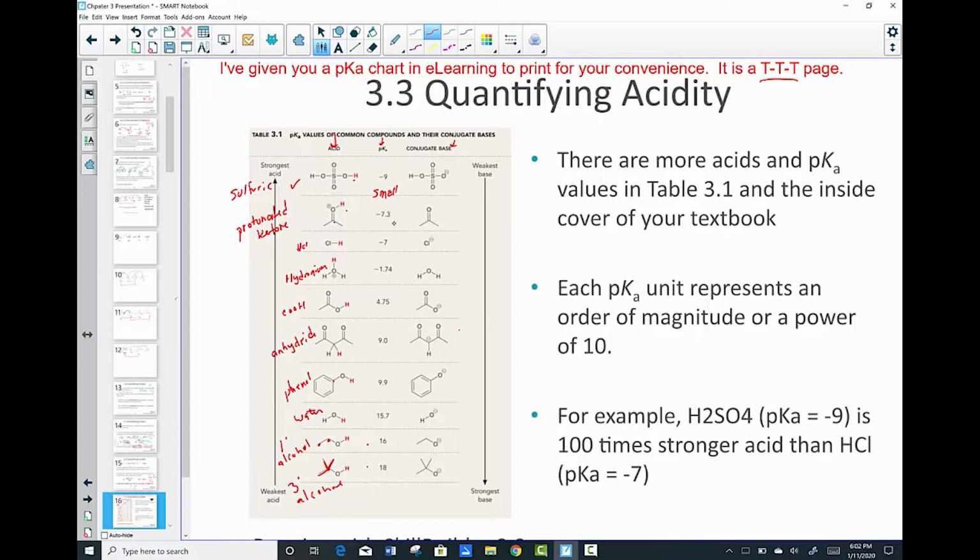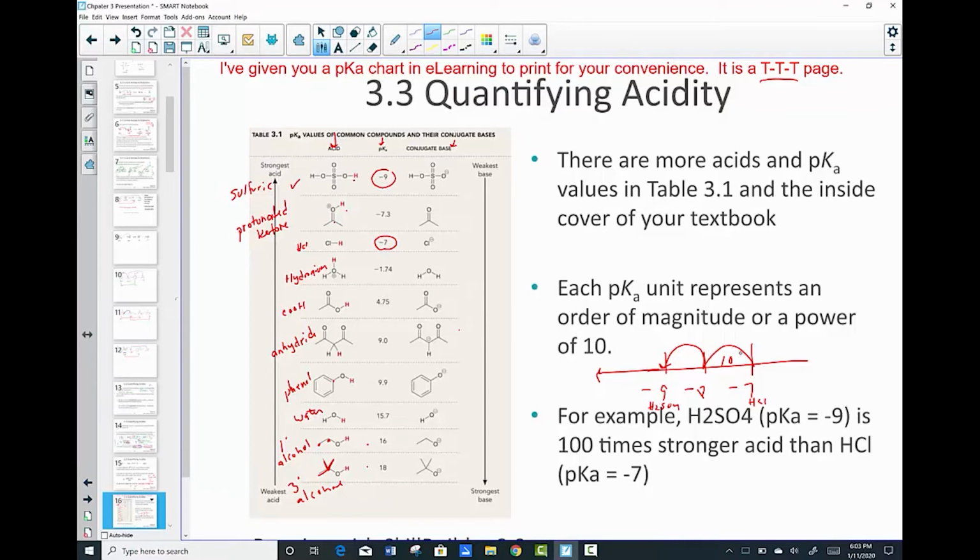Now let's emphasize, for example, notice sulfuric acid is -9 and HCl is -7. On a number line, here's -7, -8, -9. As you're getting smaller and smaller down the number line, sulfuric acid lies at -9 and HCl at -7. The difference in a number line jump is only 2 units, but remember this is a logarithmic scale. That's the power of 10.